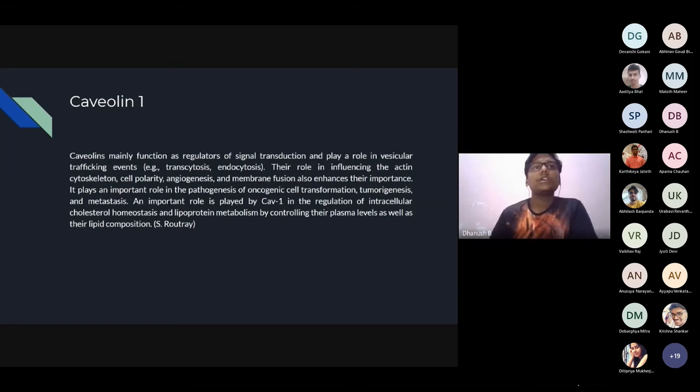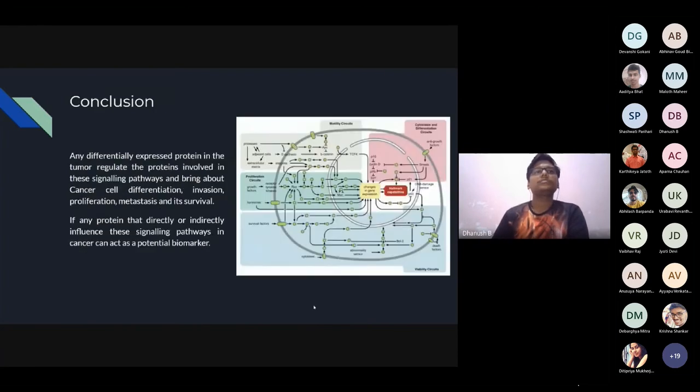It also has an important role in regulation of the intracellular cholesterol homeostasis and lipoprotein metabolism by controlling their plasma levels as well as their lipid composition.